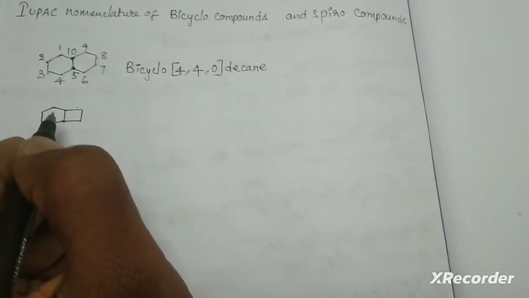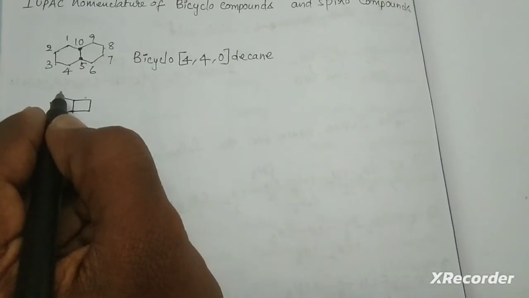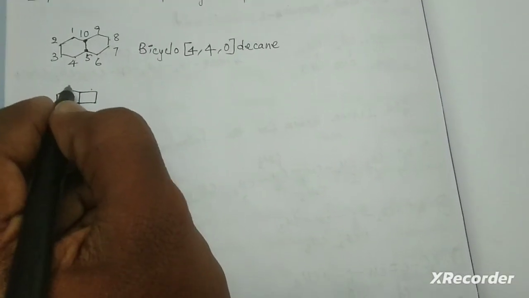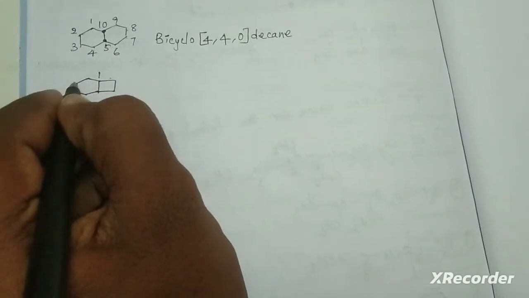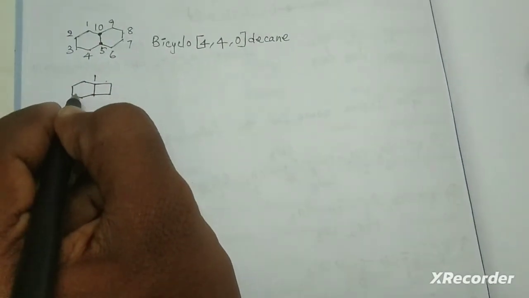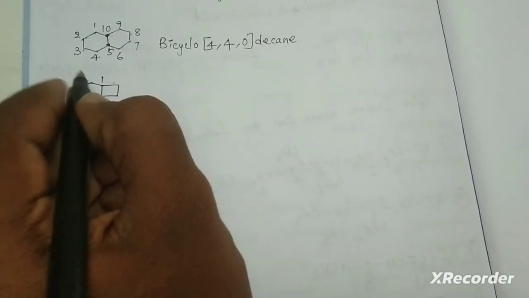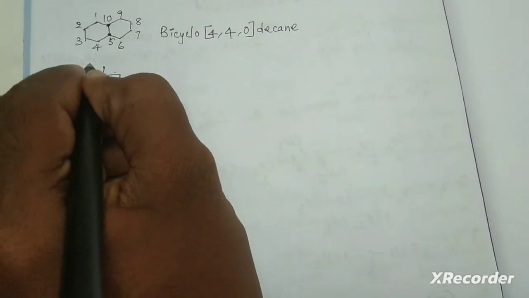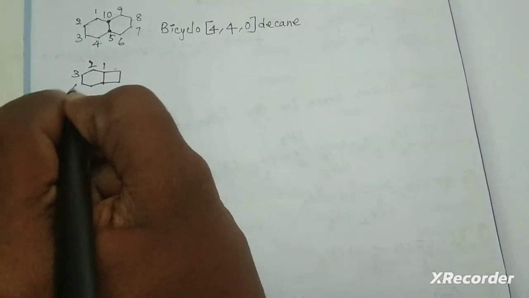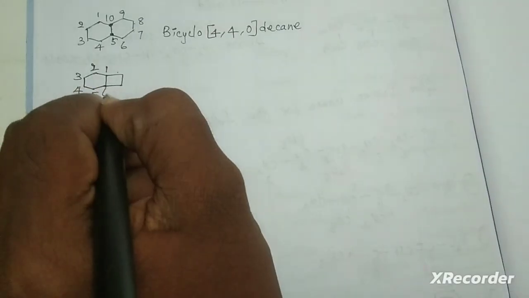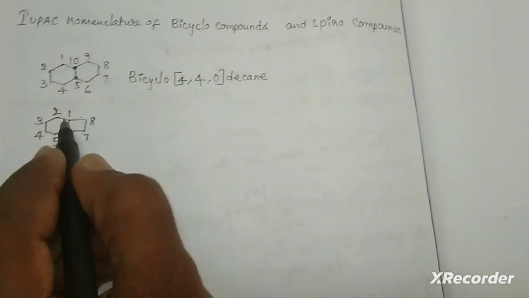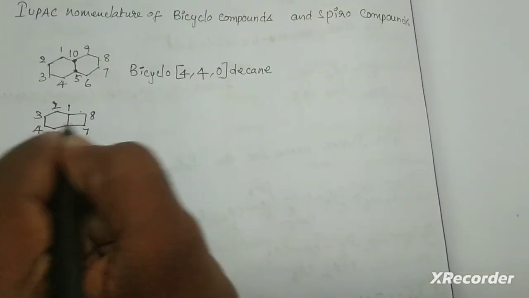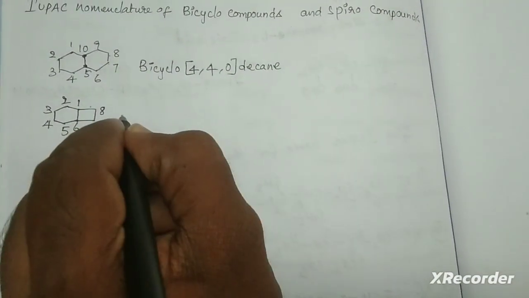When you are giving the numbering in bicyclo compounds, you have to start from the bridge and continue with the bigger cycle first, followed by the smaller cycle. So 1 2 3 4 5 6 7 8. In total you have 8 carbon atoms, and two cyclic rings are there.